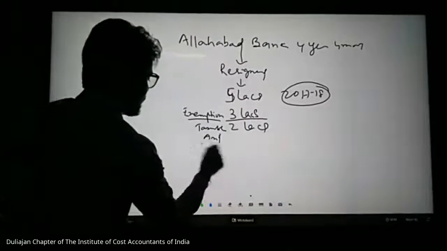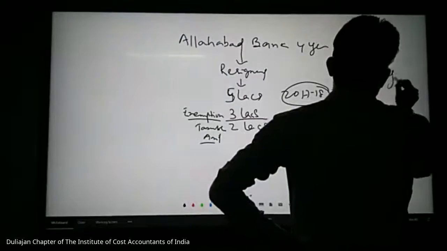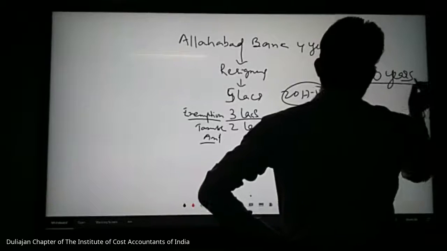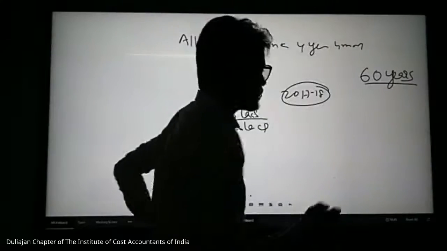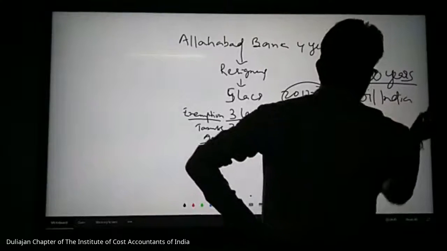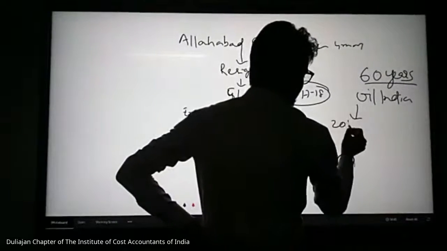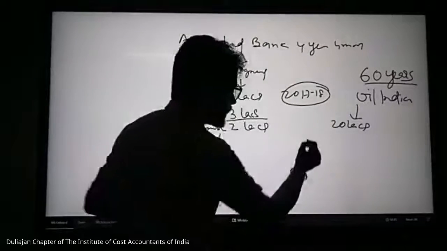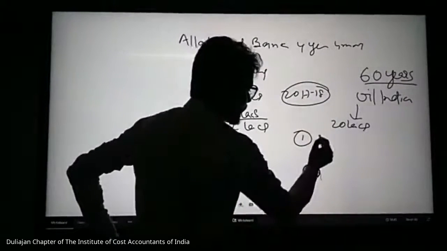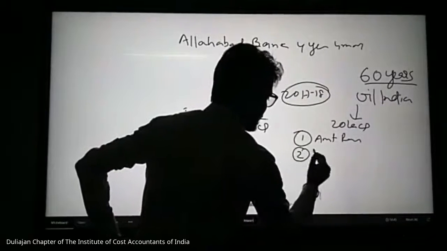Now see, again when I retire at the age of 60 years from Oil India, then I'll receive gratuity. I'll first calculate the amount received, then I'll calculate the limit.